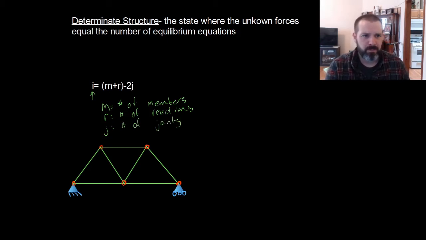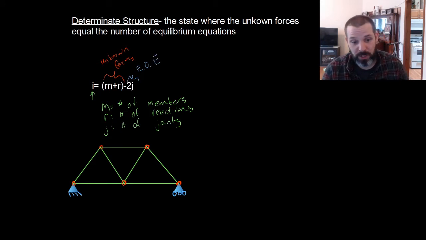Now, m plus r gives us our unknown forces. 2j gives us how many equations of equilibrium we can write. And we can write 2 for each joint.